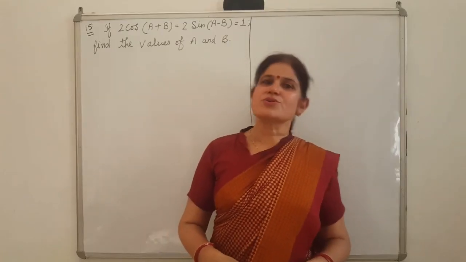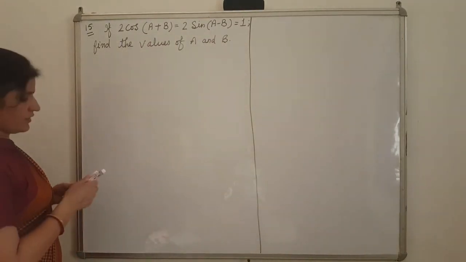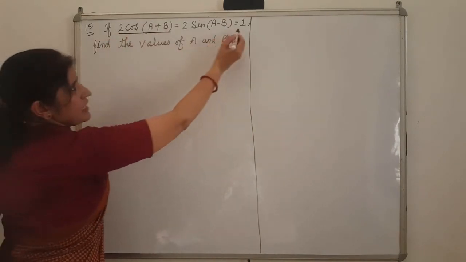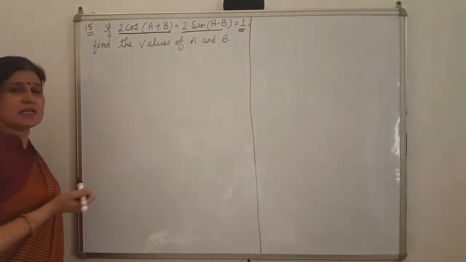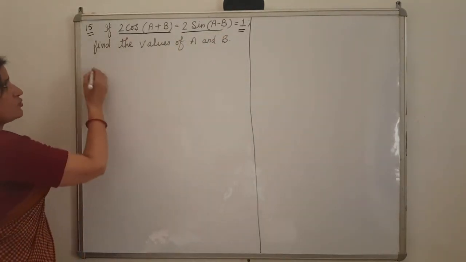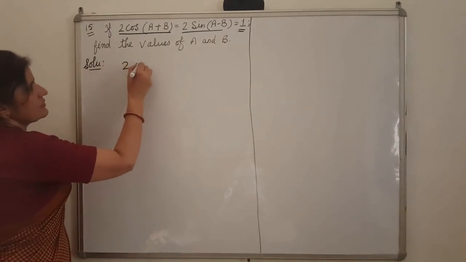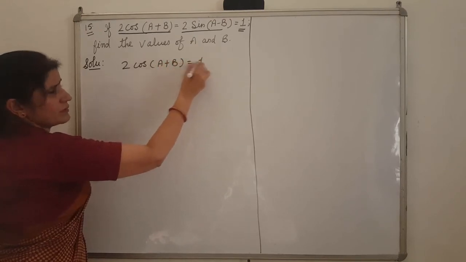Now last question of the exercise, question number 15. In this question, what is given? 2 cos(a plus b) is equal to 1, and 2 sin(a minus b) is also equal to 1. So first of all, we will take 2 cos(a plus b) equals 1.